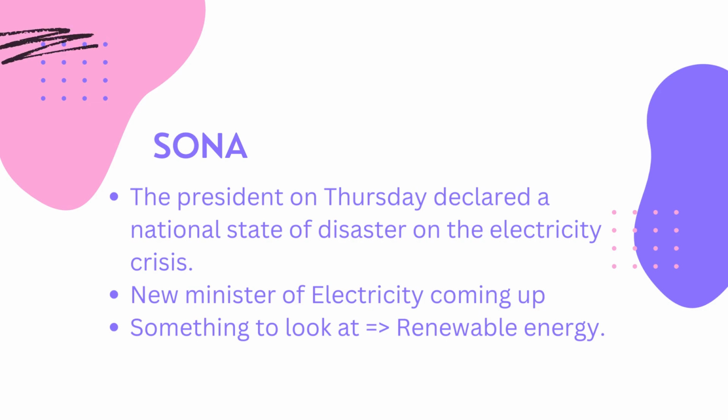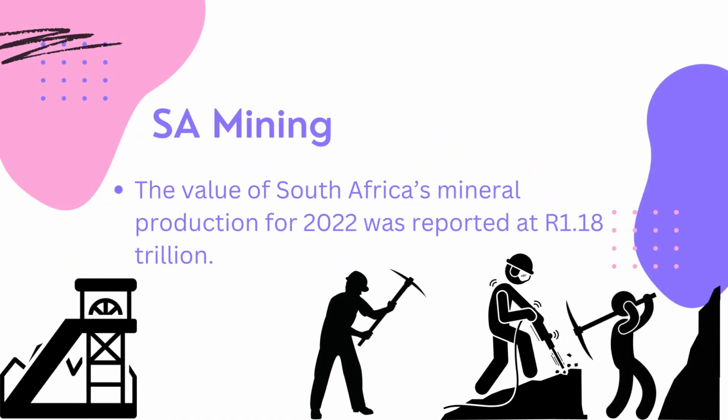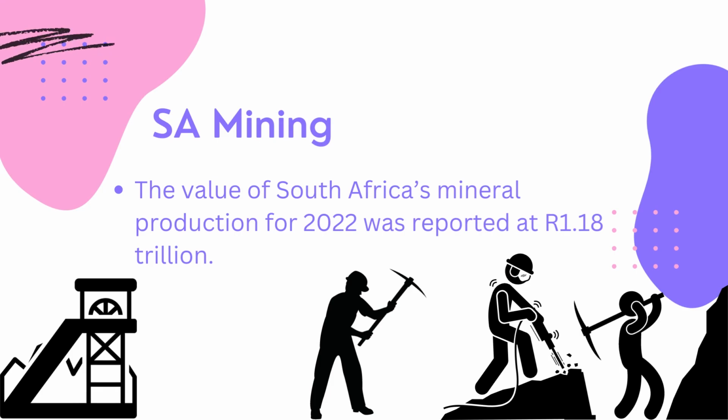The rand hit a 3-month low this week as a result of the firmer dollar and softer emerging market currencies. The value of South Africa's mining production for 2022 was reported at 1.18 trillion rands, going above the 1.1 trillion rands record reported for 2021, boosted by strong commodity prices.